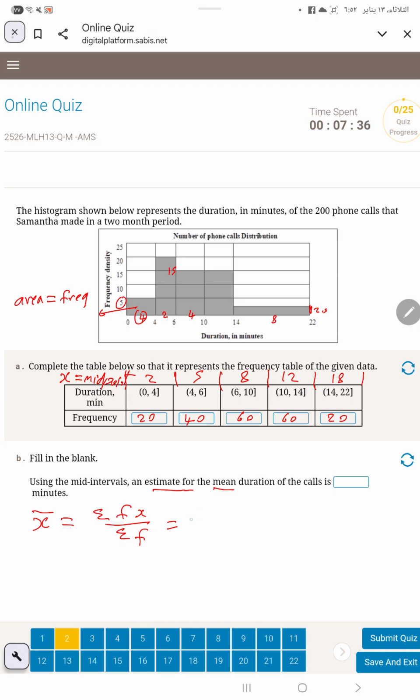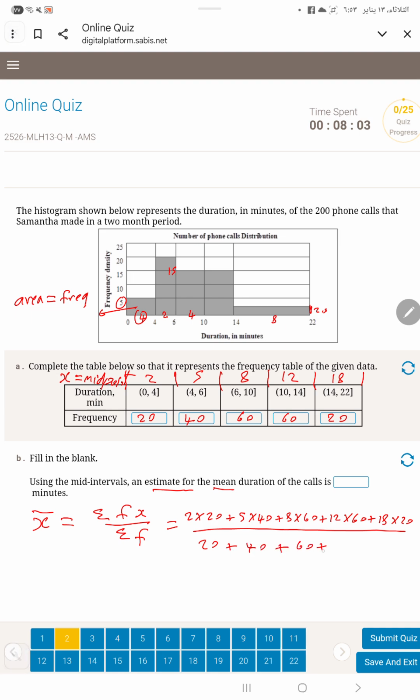So this means 2 times 20 plus 5 times 40 plus 8 times 60 plus 12 times 60 plus 18 times 20, divided by 20 plus 40 plus 60 plus 60 plus 20. And then you can type this on the calculator to get the result.